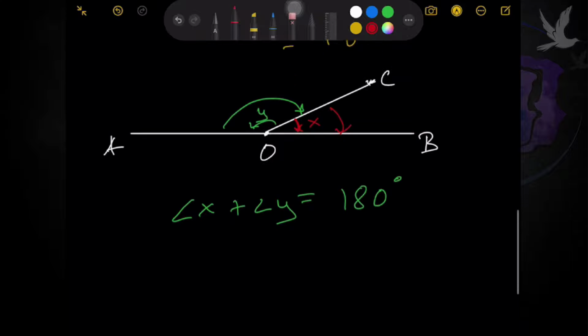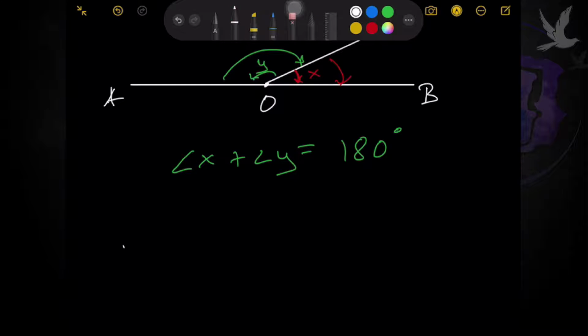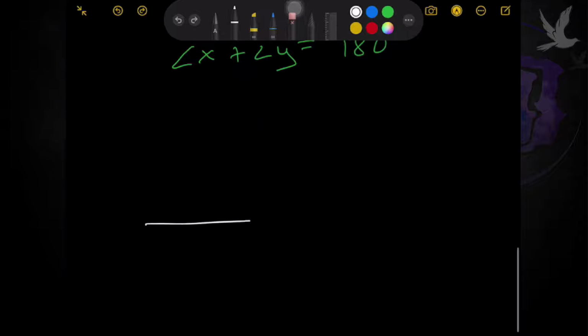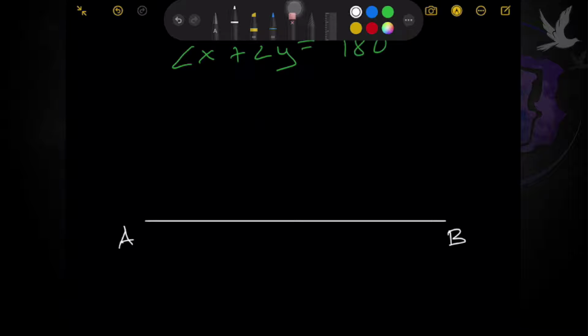Okay? Even if you want to add more angles, let's say we have A and B, add an angle here, add another one there.